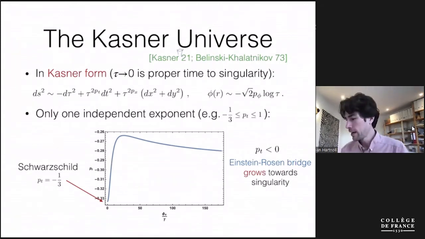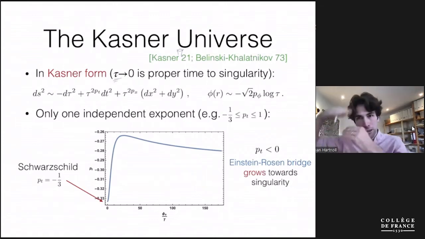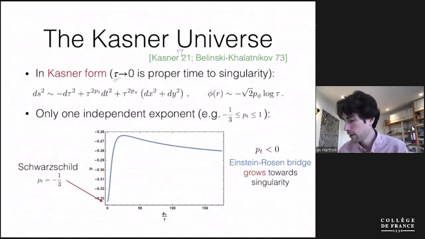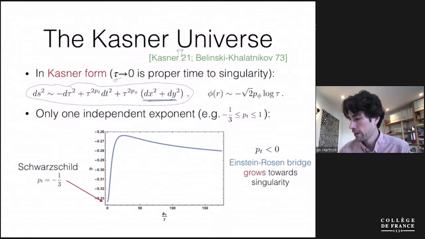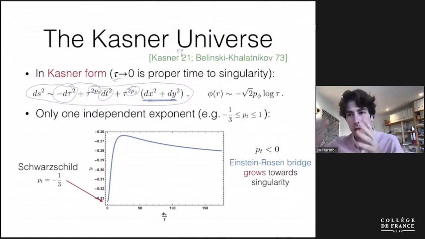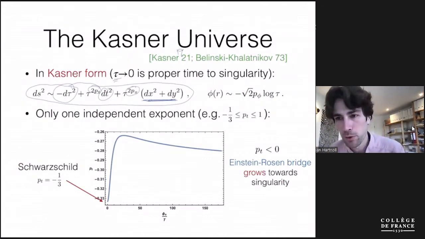And it describes, if you write it in terms of tau, which is the proper time for the singularity, it looks like this. And I'm going to retain isotropy in these two directions. So there's time, and t is now a space coordinate that has some exponent, and there's some other exponent here. And these exponents have to sum up to 1, and their squares have to sum up to 1 as well.